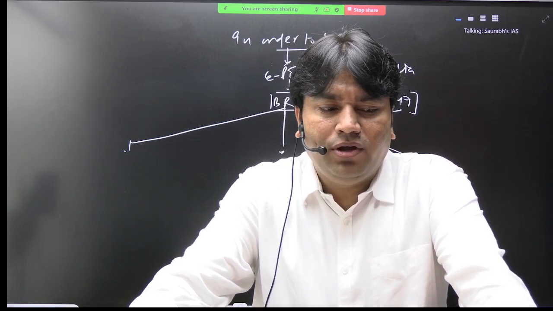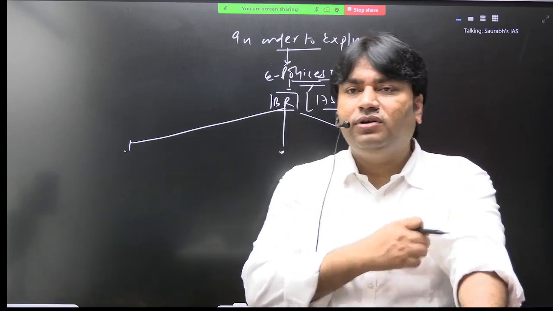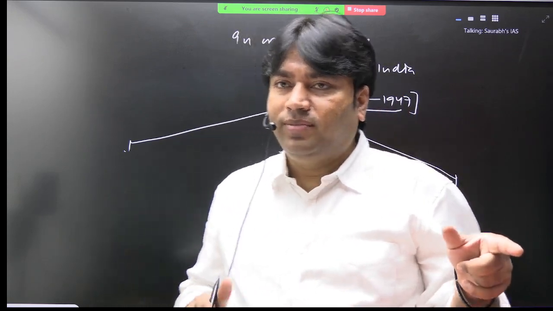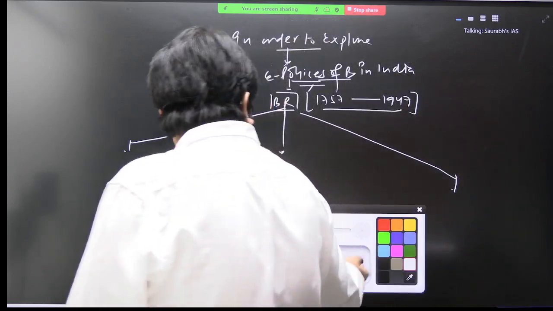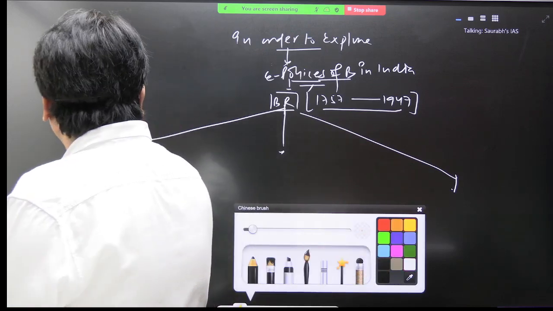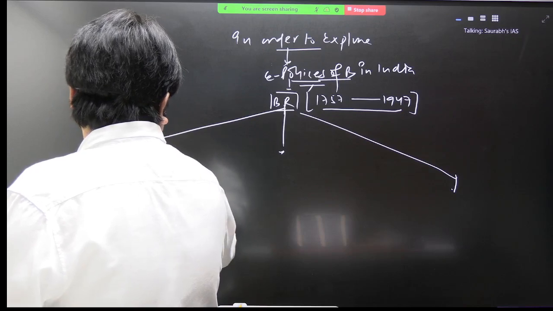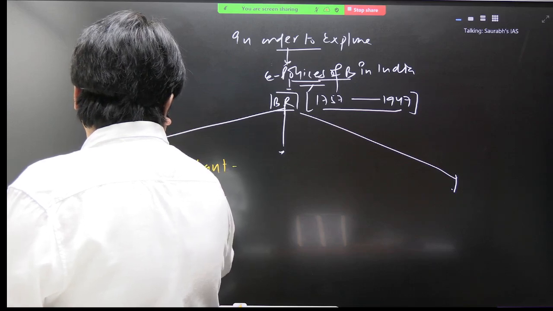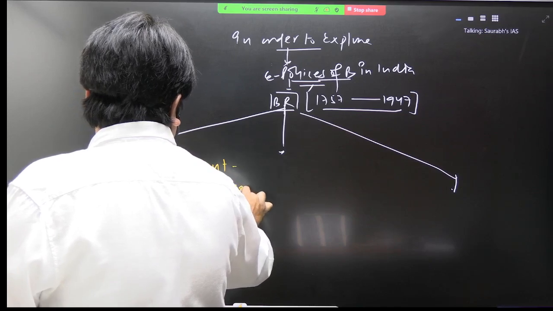Now the first phase is called, read this, period of merchant capitalism. I have already discussed the meaning of merchant capitalism or mercantilism. So the first phase is period of merchant capitalism, or it is also known as mercantilism.